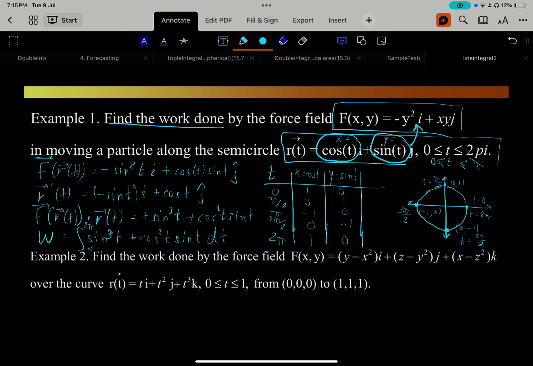It's relatively easy to do. So for this, we're going to use the substitution rule. Now for the sine cubed of t, we might use a reduction of order formula.